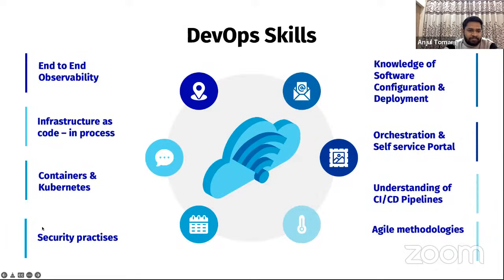Security practices. What are the security practices we should follow? Security practices should be in our DNA. DevOps DNA is security practices. Something people have named DevSecOps. They have introduced security, but I would say, okay, it's fine if you want to do DevSecOps practices. Because see, every day now Log4j has come, now another one will come.